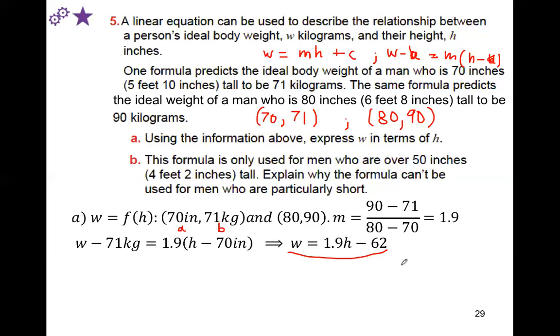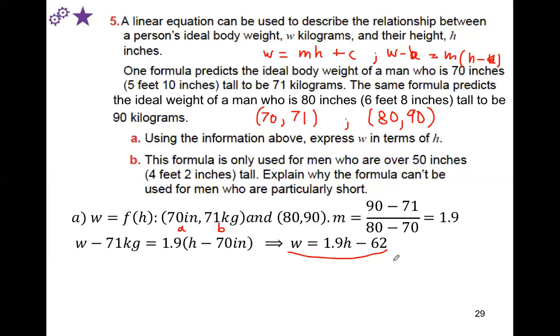So why would that be the case? We need to understand if, for example, someone is less than 50 inch, what would happen to the weight if you use this formula? You can try 49 in height.